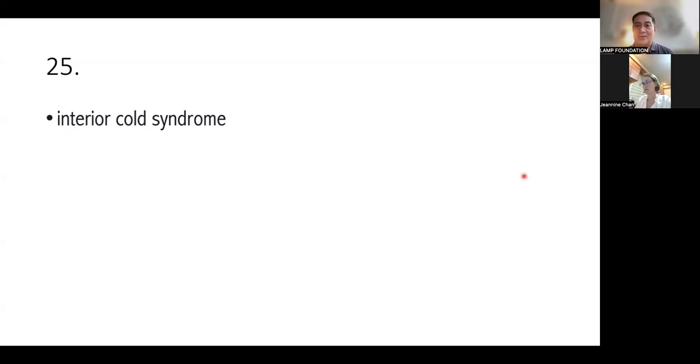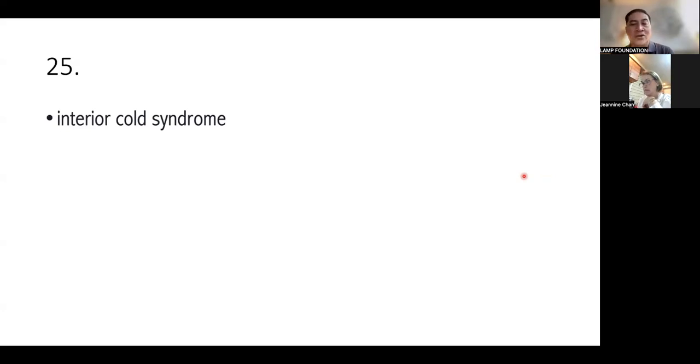And interior cold syndrome. So we're actually differentiating between exterior cold syndrome and interior cold syndrome. Let's see the difference. How do we know if it's exterior or interior? It's so easy, right? It damages the Zang organs.